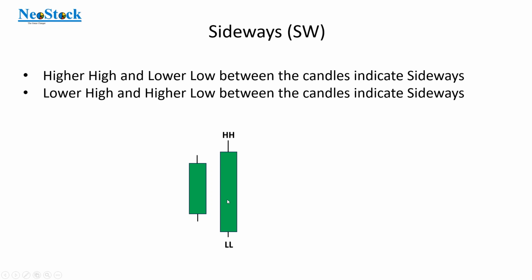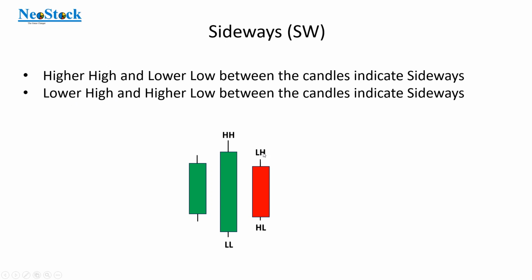What is the another type? Now compare these two candles. When you compare high, it is having lower high because this high is lower than the previous high. Similarly, when you compare these two lows, this is higher low. Now look into this point.